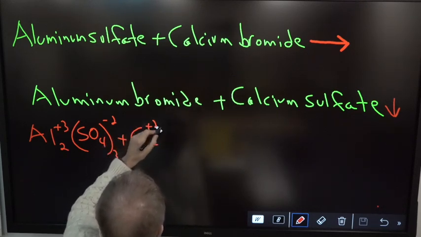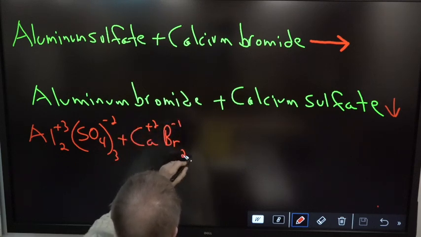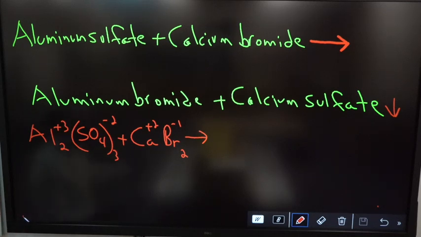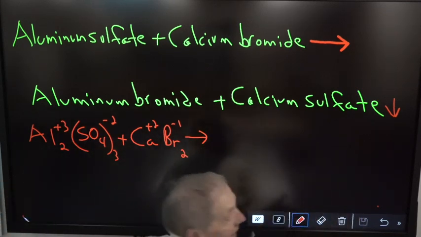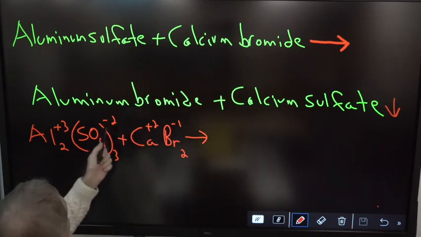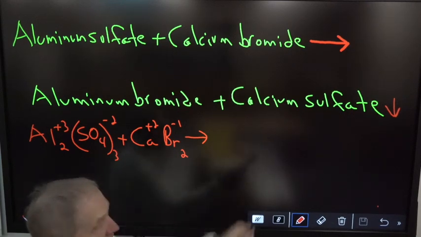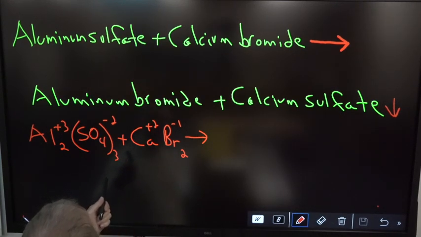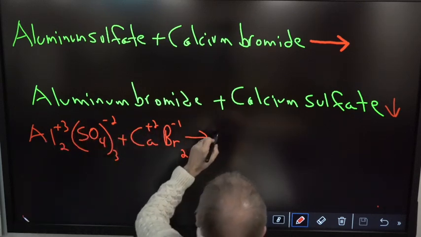Ca plus 2, Br minus 1, crisscross. Remember, this reaction can only go one way because we are losing one of the products. So now we have aluminum bromide, but the good thing is this. We have all our oxidation states up, so we don't have to find any oxidation states on the other side. So now we have aluminum bromide, Al plus 3.